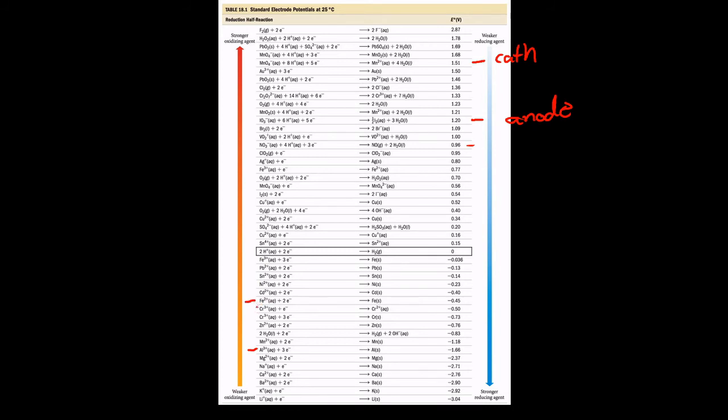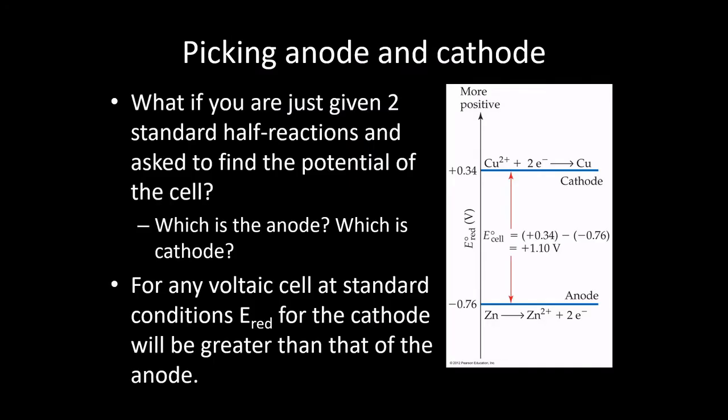So is our iron lower on the table than magnesium? It is not. Magnesium going to magnesium 2+ is lower on the table than iron. So what that tells us is that this reaction is not spontaneous as written.